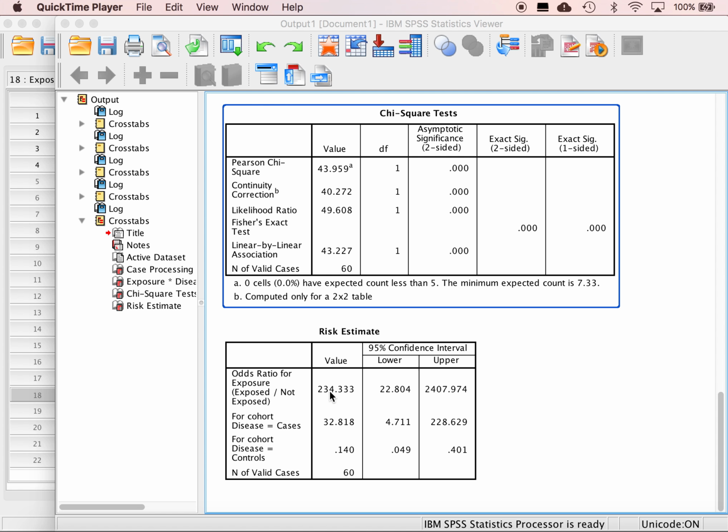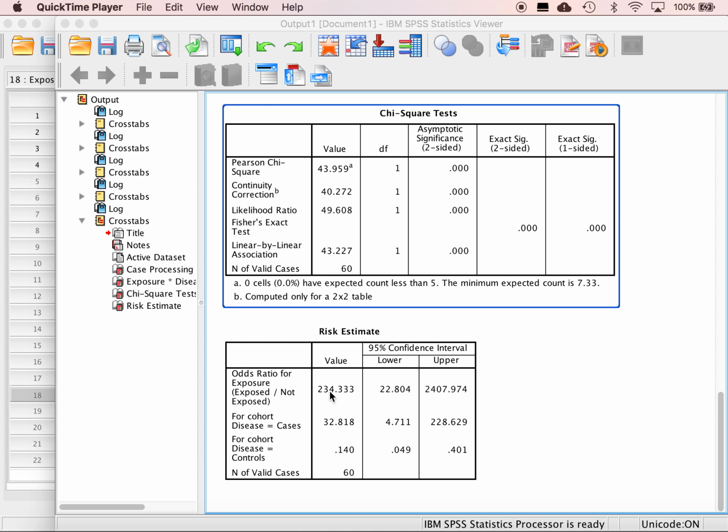So let's start at the beginning of the null hypothesis testing process, which is to state the null and alternative hypotheses. So the null hypothesis really is that we see no relationship, or there's no relationship between, and in this case, there's no relationship between DES, diethylstilbestrol, and vaginal clear cell adenocarcinoma among these study participants.